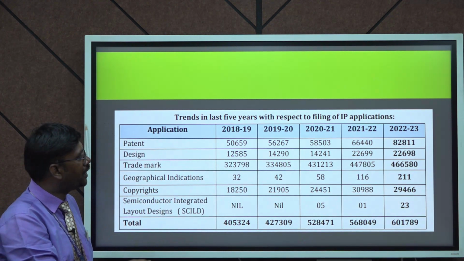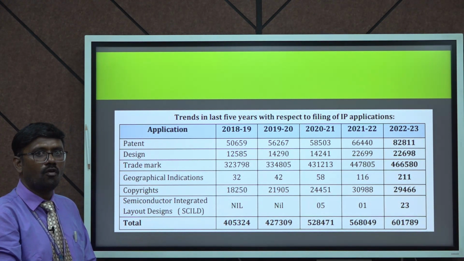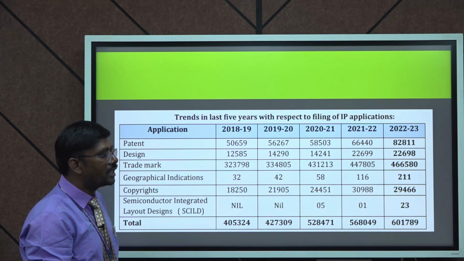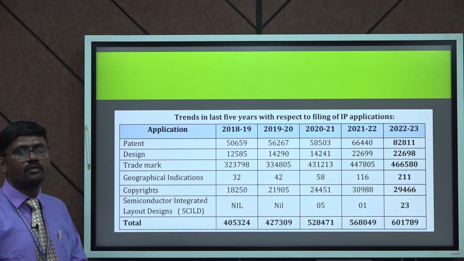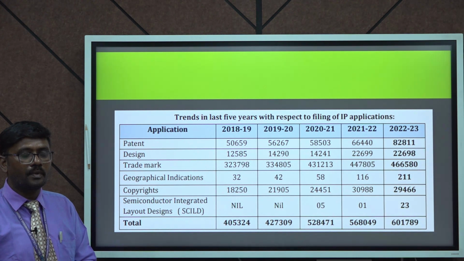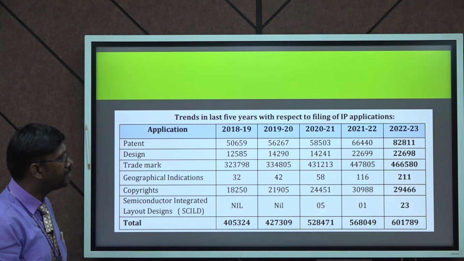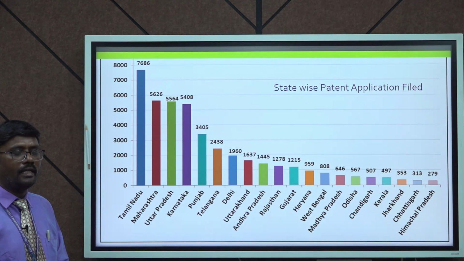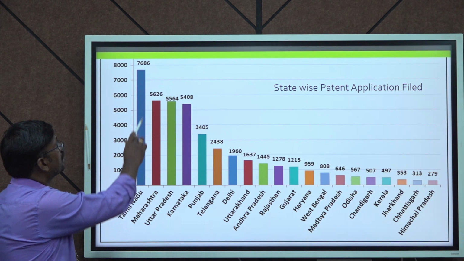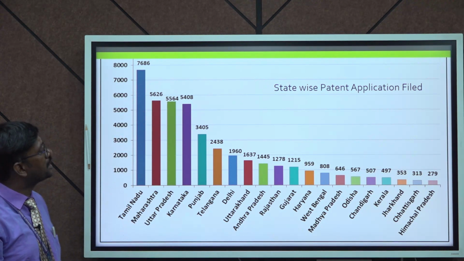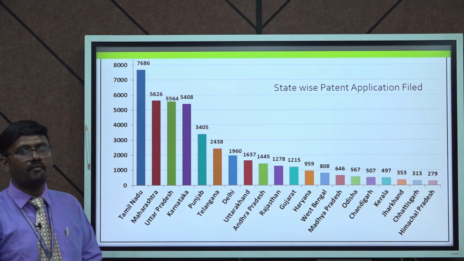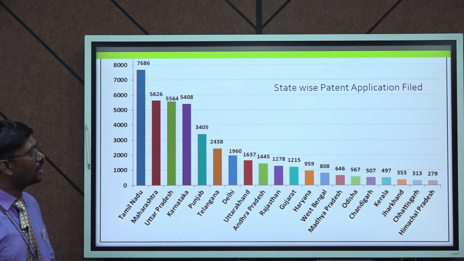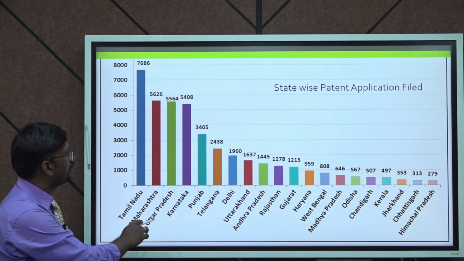After COVID, the numbers for patents, designs, copyrights, all these things, have hugely increased. It shows that so many products are coming to the market and getting filed at the Indian Patent Office. I am happy to say that in the filing rate, Tamil Nadu is standing at number 1 with 7,686 filed patents, followed by Maharashtra and Uttar Pradesh.